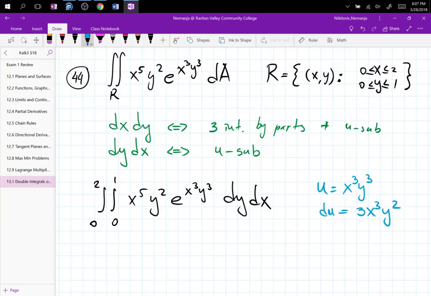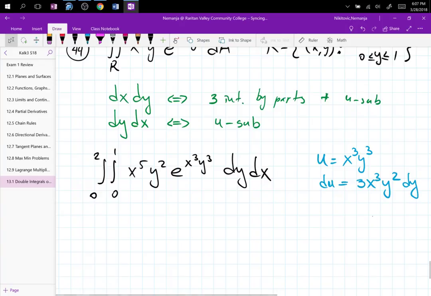All right, sounds good. So now, to plug in this substitution, the outer limits do not change. The inner limits will change, but let's hold off on those limits for now.